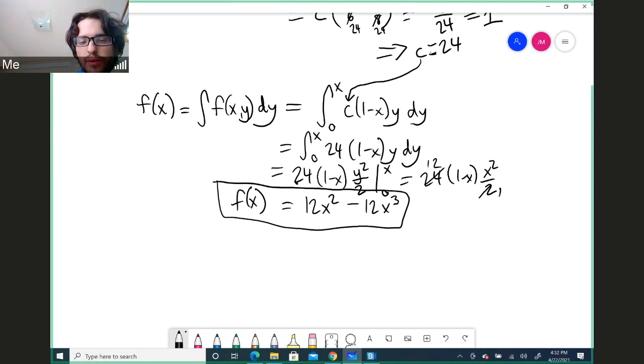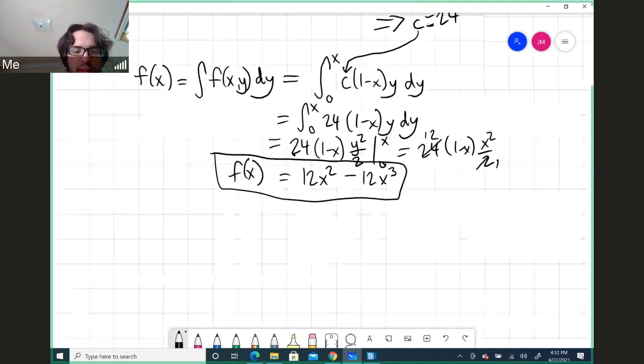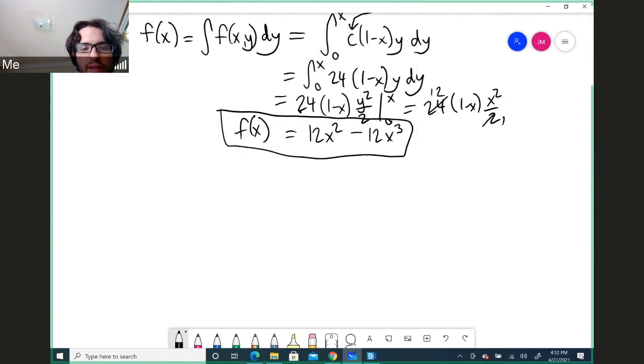And at this point, we only have one final step left, and that's to actually calculate the expected value. So the expected value of x, recall, and really you can put anything you want into these brackets.